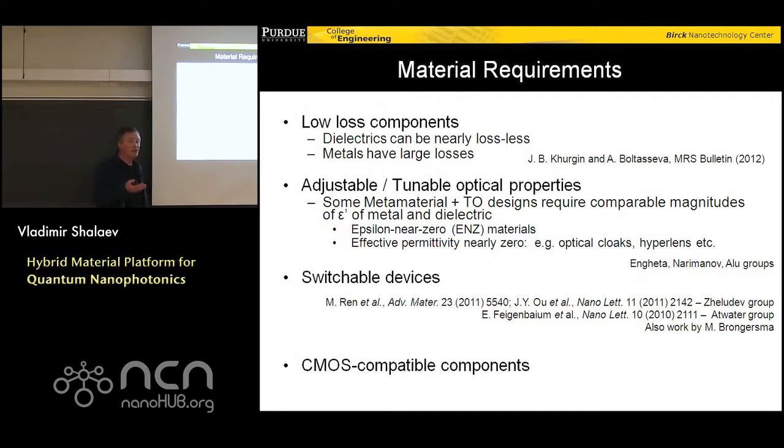But if the metal has, let's say, -100, and you would like to mix it with some material which has positive epsilon, it means that if you would like to bring the effective permittivity to zero, the thickness of the metallic component should be like 50 times smaller. Let's say my dielectric has a permittivity of +2 and the metal has -100, and you mix them and would like to get an effective permittivity somewhere around zero.